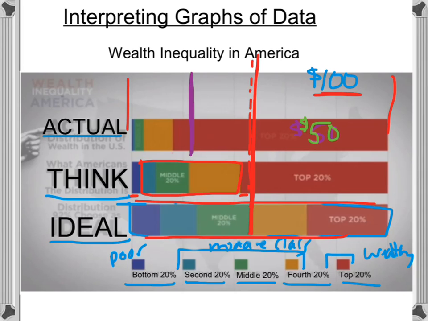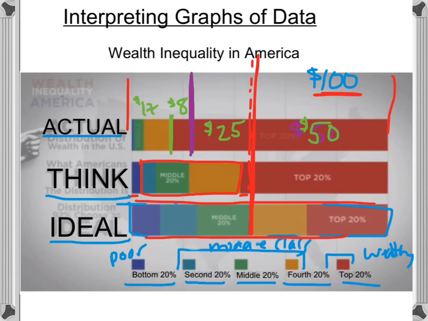Now, they would also own this 25 that's in a quarter. They'd also own a little bit more of this portion right here. So if this is 25, this is probably about $17, and this is probably about $8.